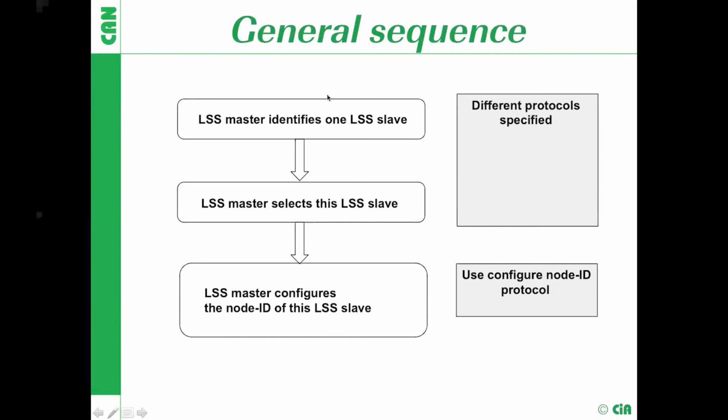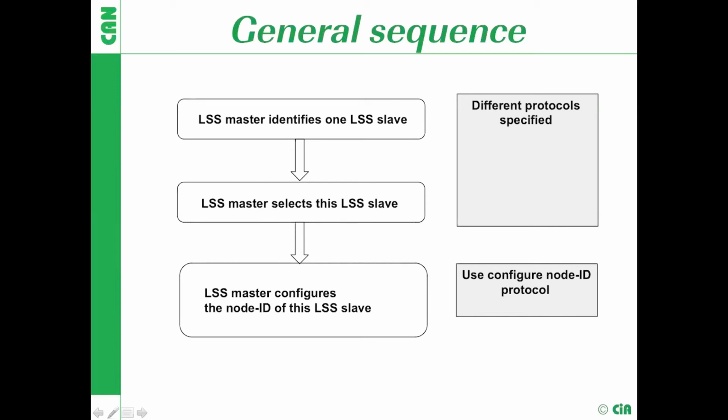The first step: the LSS master identifies one LSS slave, and then the master selects this LSS slave, and at the end, the master configures the node ID of this slave. To configure the node ID, the configure node ID protocol is used.